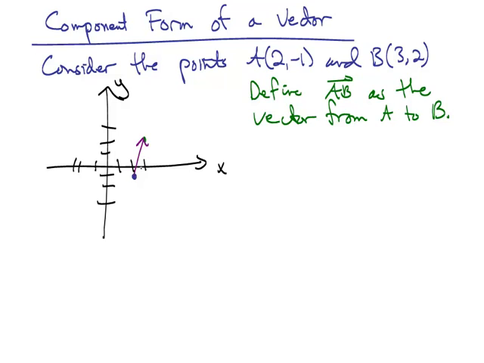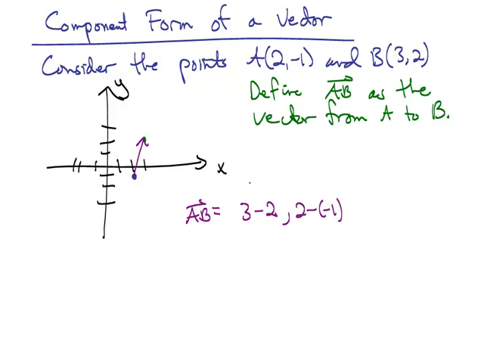We just say how far to the right or left we go, and then how far up or down we go. And so that vector AB we will find by taking the x component of B minus the x component of A. So where we end minus where we started, that's always the order. And then same thing for the y components: where we ended minus where we started, 2 minus negative 1.